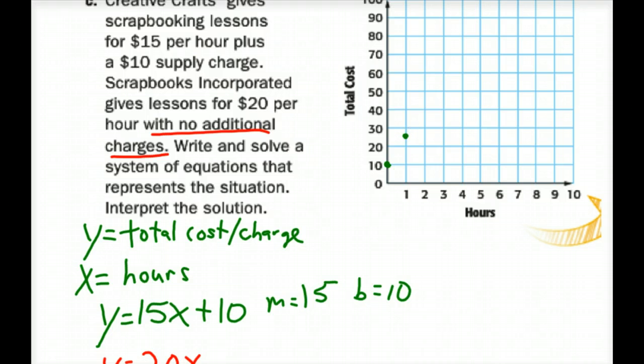You've got to count: 10, 5 more, over 1. Now I'm going to go up 15 more, which would be at 40, and over 1. Then up 15 more and over 1. So 15 for the total cost is like 1.5 boxes.